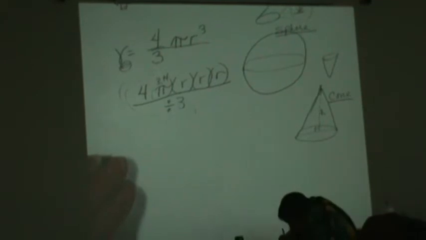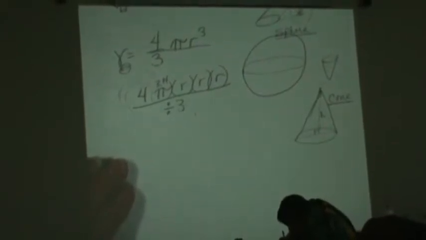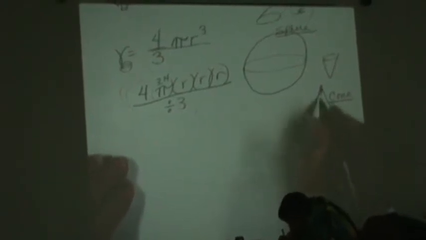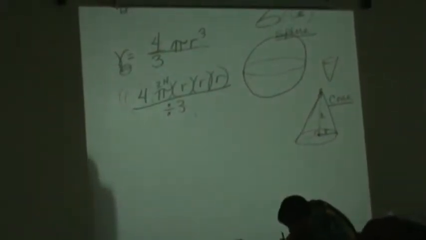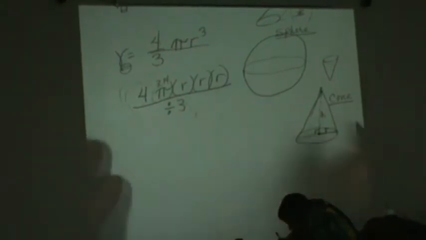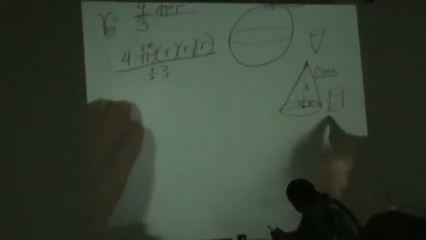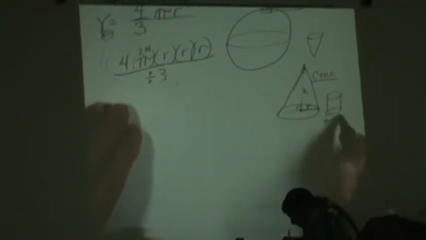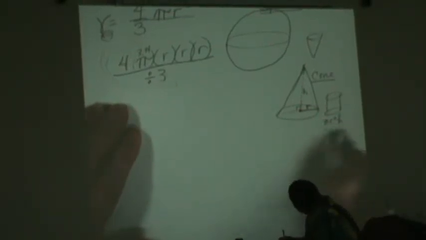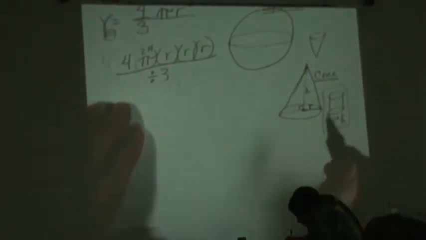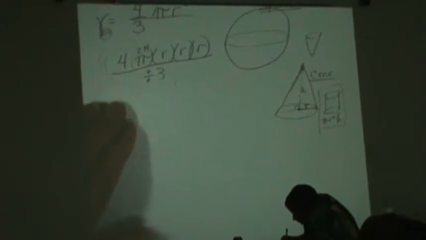This is your height. You're going to need the radius of your circle and the height of the cone. And remember our cylinder was pi r squared times the height? It's the same thing, except it's got 1/3 of it. I don't know why that works, but it works.